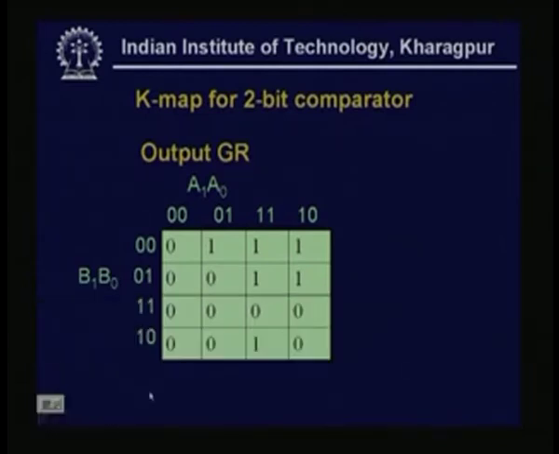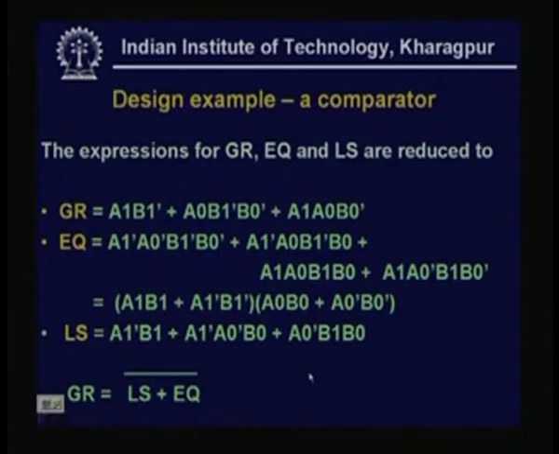Now, if we write the expressions for the 3 Karnaugh maps, GR, EQ and LS are reduced to: GR is A1 B1 dash, A0 B1 dash B0 dash, A1 A0 B0.